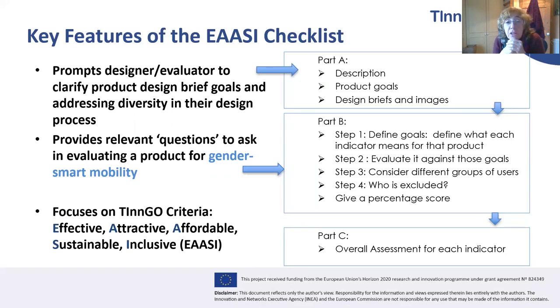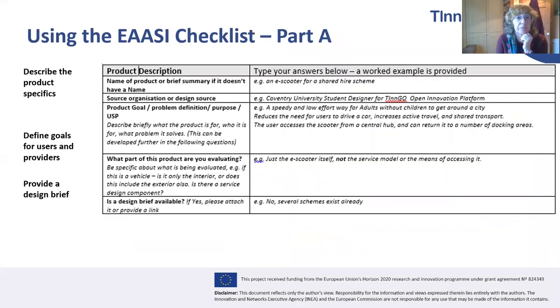In step 3, you consider the different groups of users and ask in step 4 who might be excluded from using the product. And then there's an opportunity to give a percentage score, which helps you in comparing against other products and gives you an overall idea of how you rated it. And finally, there's an overall assessment for each indicator where we bring everything together.